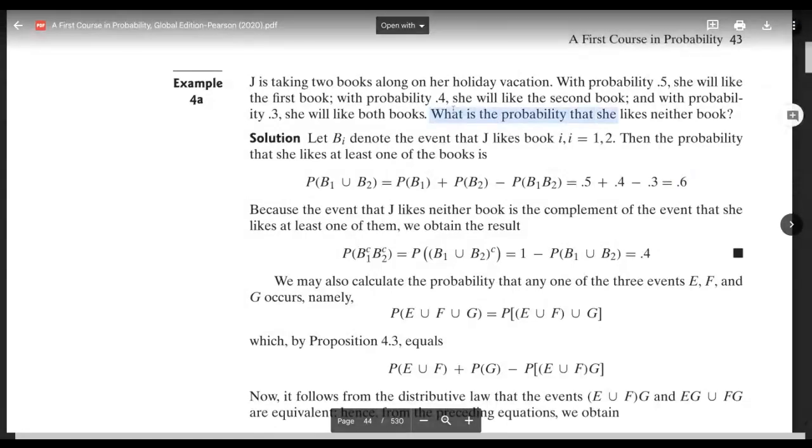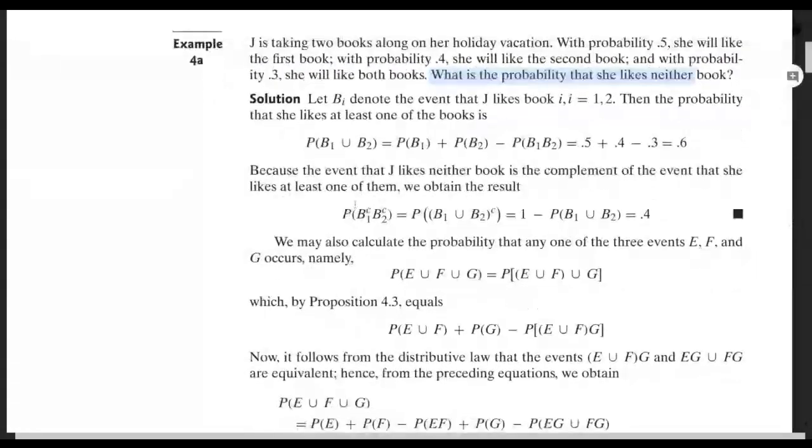The question is asking, what is the probability she likes neither book? Right, she likes none. So we're looking for the complement, which means the intersection of the complement of the first one and the complement of the second one. She doesn't like the first book, she doesn't like the second book, and by De Morgan's law, that's the complement of B1 union B2.